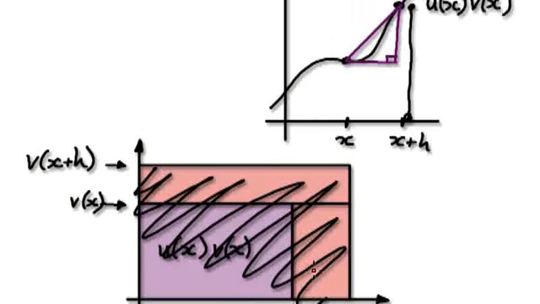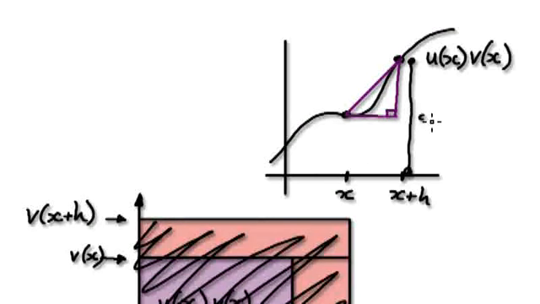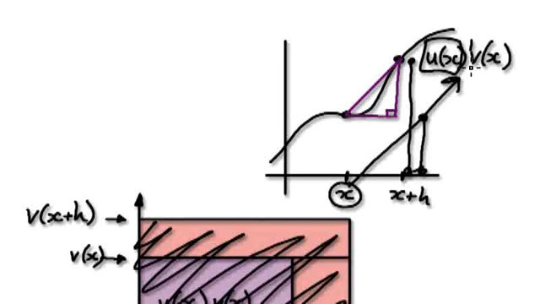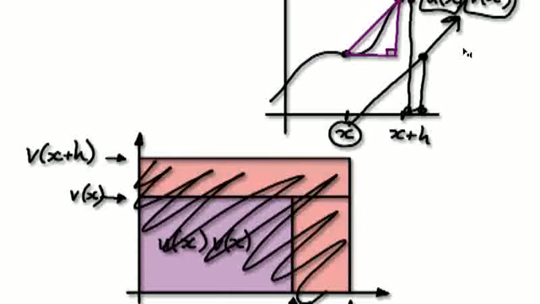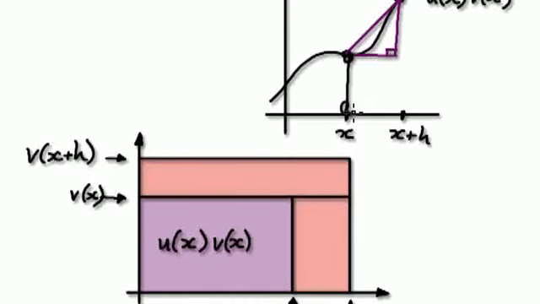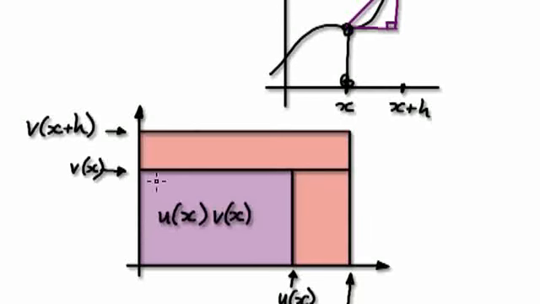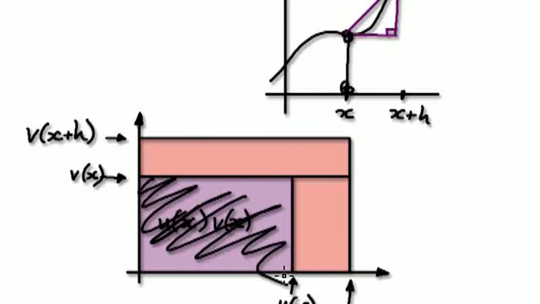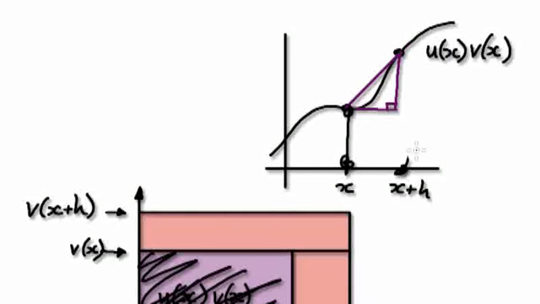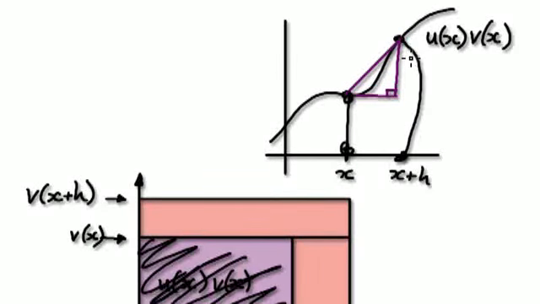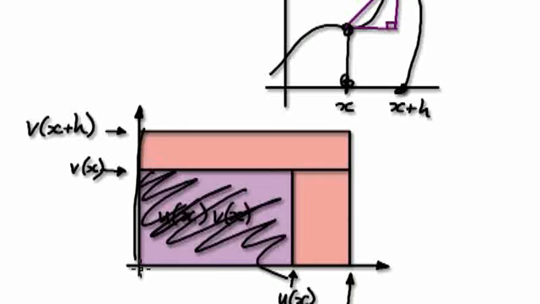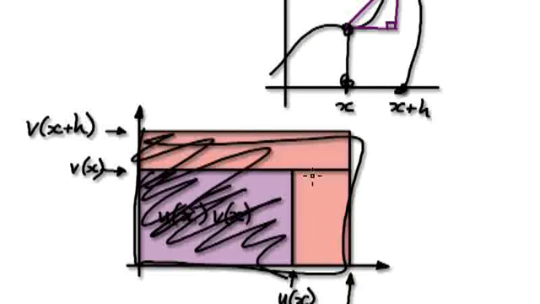Okay, and then if you want to take away this height here, you simply put it into the u, put it into the v, and multiply the two together. You see this height here is represented by this purple area here, and then this height here represents the whole area here, or the whole lot here.